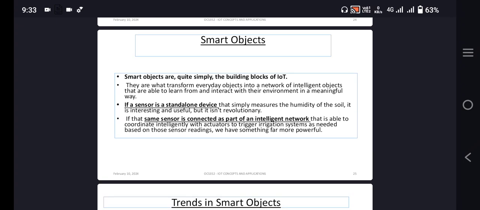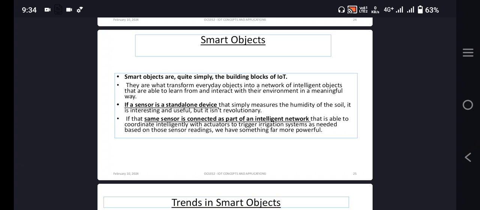The next subdivision is smart objects. Smart objects are quite simply the building blocks of IoT. If a sensor is a standalone device that simply measures the humidity of the soil, it is interesting and useful, but it's not revolutionary.